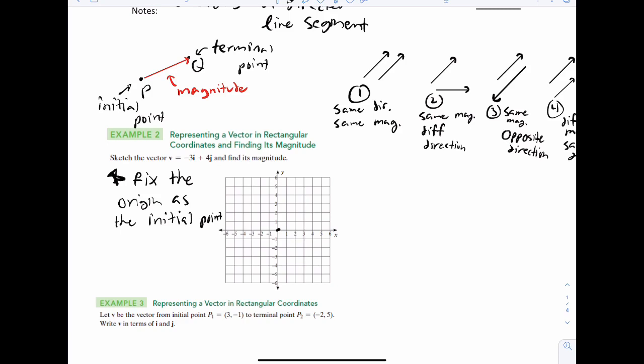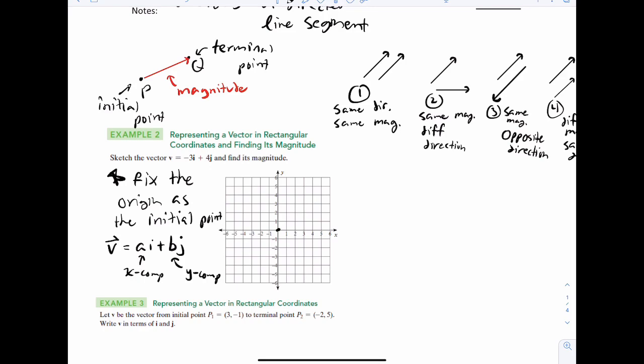The next thing to know is notation. So most people use V and then they put like this little hat here or this arrow. And that's going to be ai plus bj. This is called your x component, and this is called your y component.